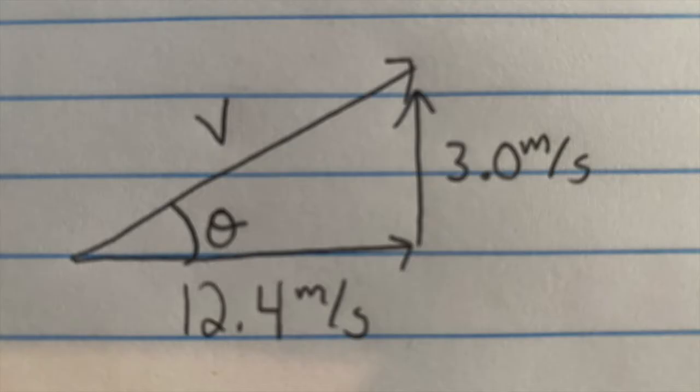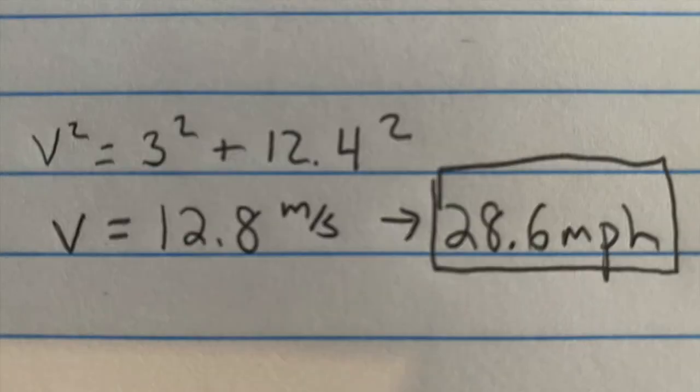We then created a velocity triangle showing those two velocities in their proper locations, and we solved for the hypotenuse and the angle. We used the Pythagorean theorem to get the hypotenuse. We then turned it into miles per hour because that's what most people are more familiar with.